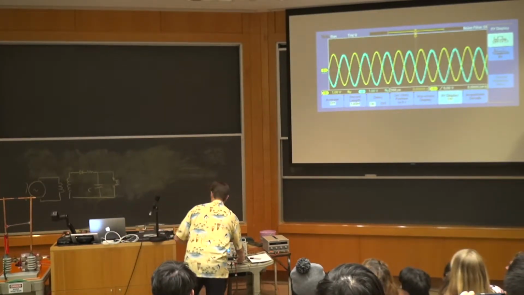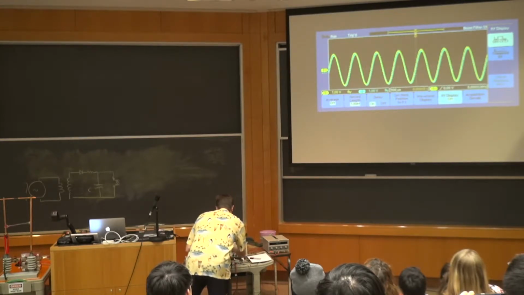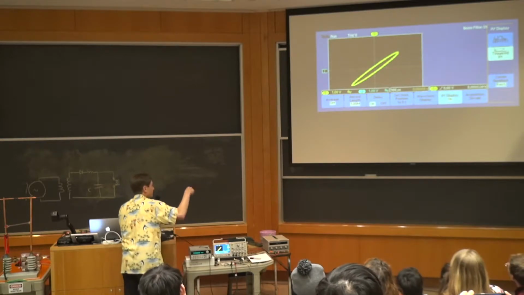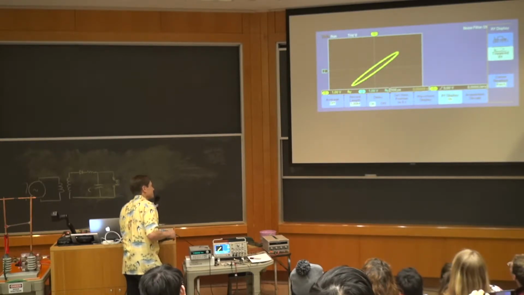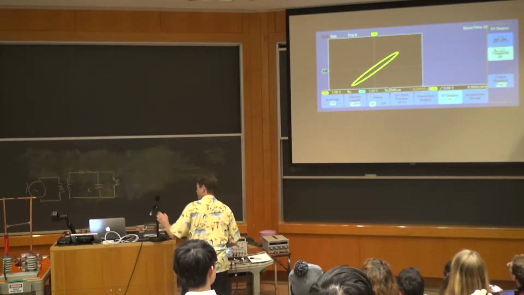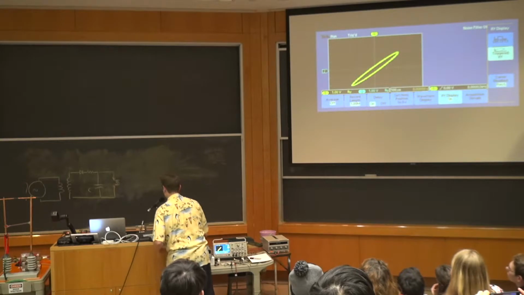Okay, so now we're looking at the left and right, and you can see they're almost in phase, so it's in line with a slope of 1, more or less. So what's going to happen is I adjust to minus 180. Let's take a look.